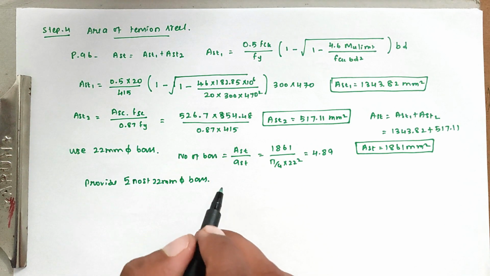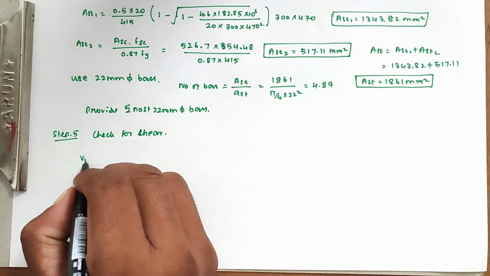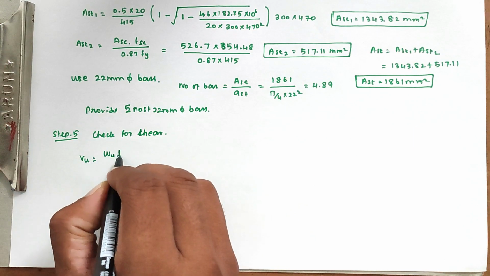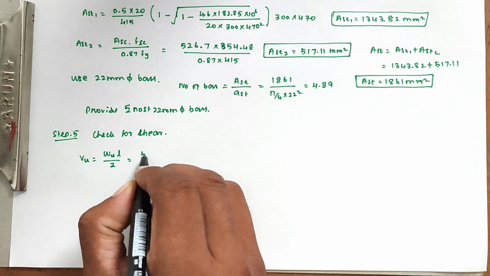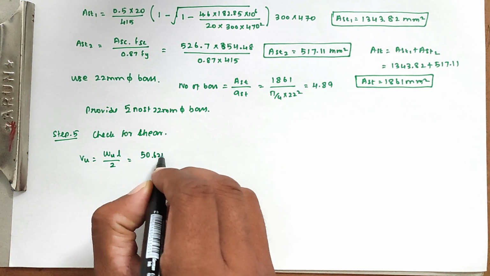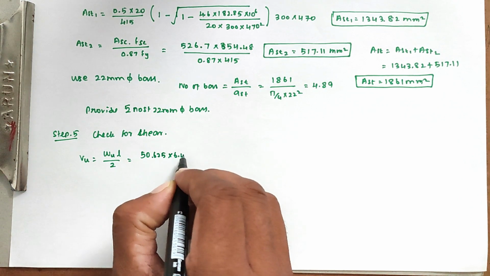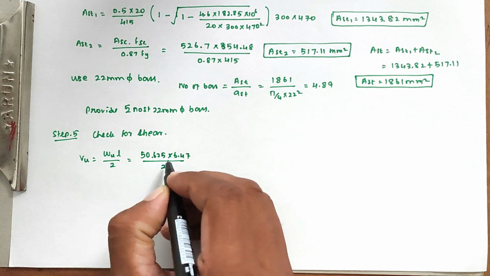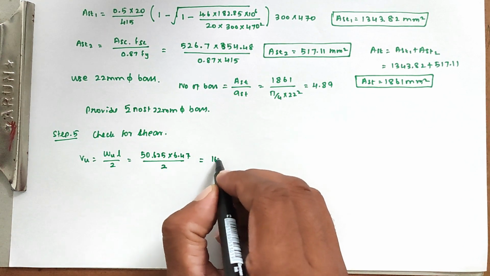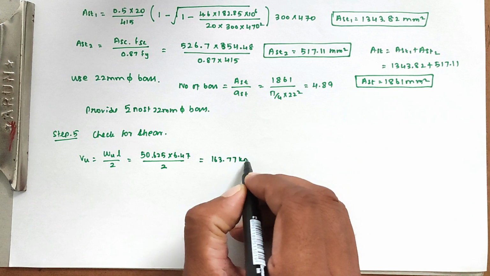So next thing is we have to do the check for shear. Vu equal to Wu L by 2. So now ultimate load is 50.625 into L value is 6.47 divided by 2. So now we got the value of 163.77 kilonewton.